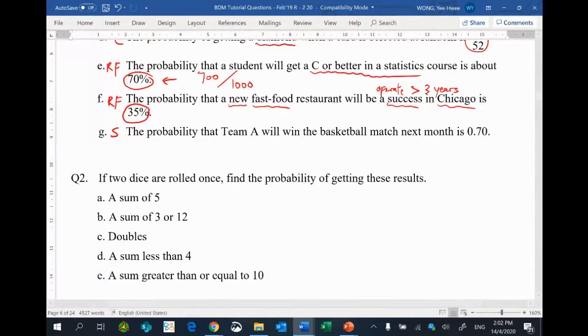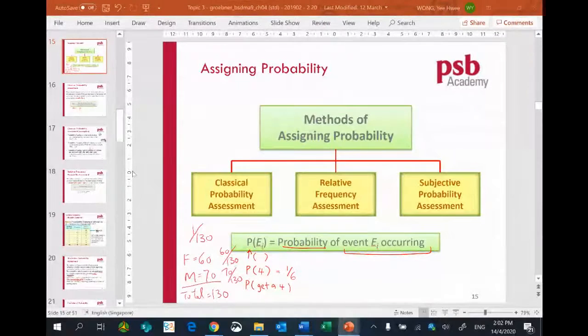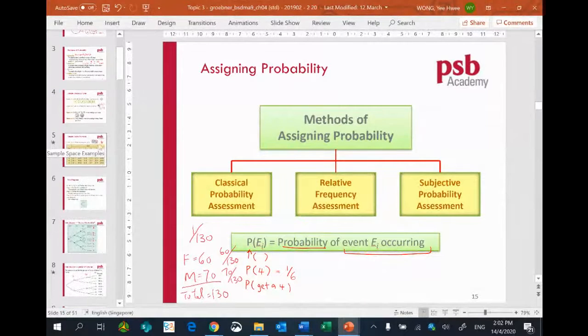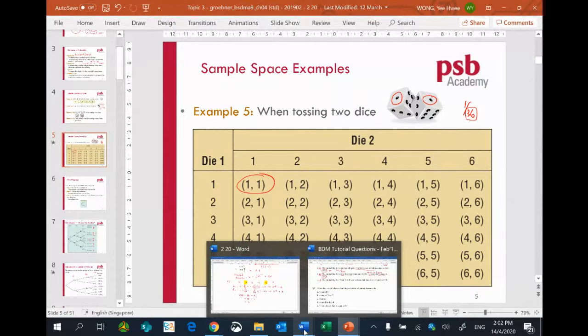Question 2, if 2 dice are rolled once, what's the probability of getting this result? So you have to refer to this. What's the question?